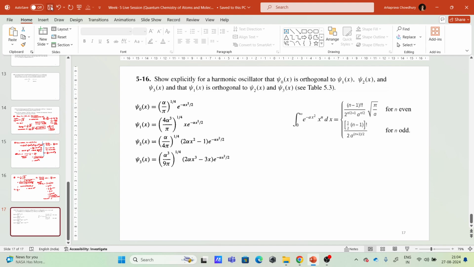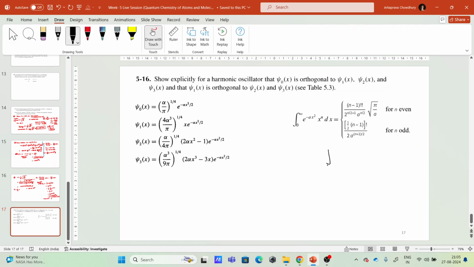I will give you a hint: look at whether your integrand is an odd function or an even function. Let me write it down for you. Suppose it is minus infinity to plus infinity.